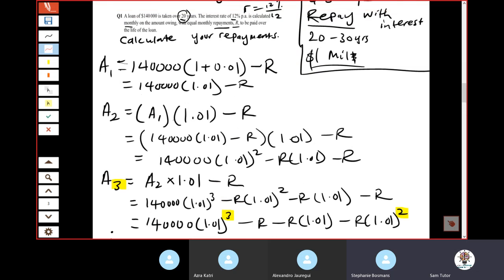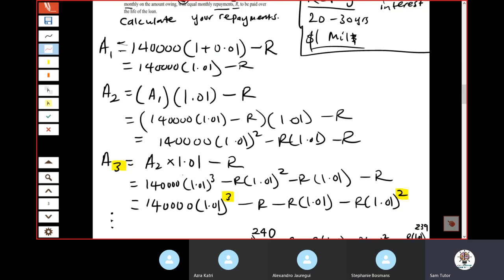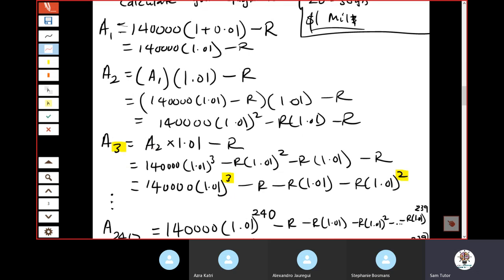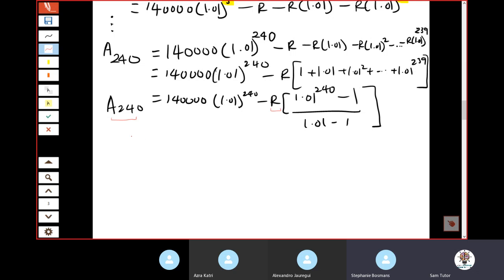Steph, what's happening here? How much are you borrowing? 140,000. Okay, and then it's growing, and you're repaying back. Second month, third month, it's growing a little bit more, you're repaying back. But eventually, what would the amount be after you finish repaying everything?